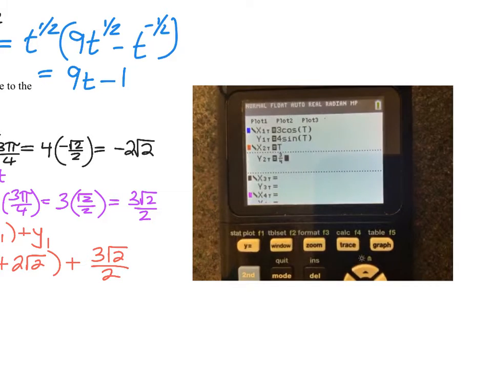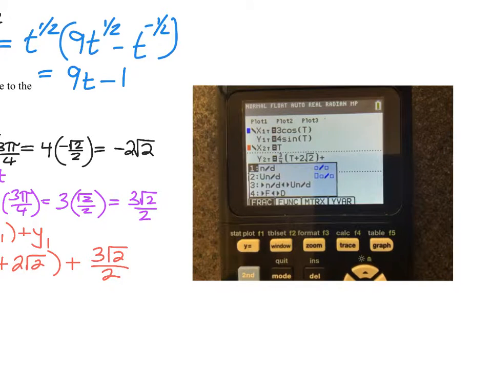All right, then open paren t instead of x, plus 2 times the square root of 2, and then plus the 3 radical 2/2. So plus, I'll use alpha again, alpha followed by y equals to bring up the fraction tool.